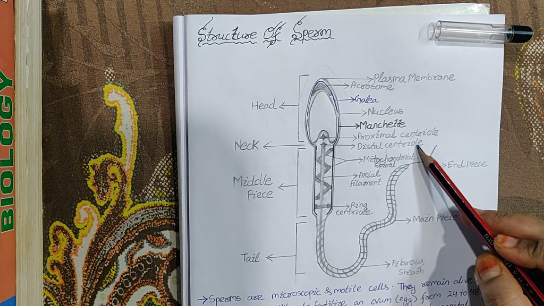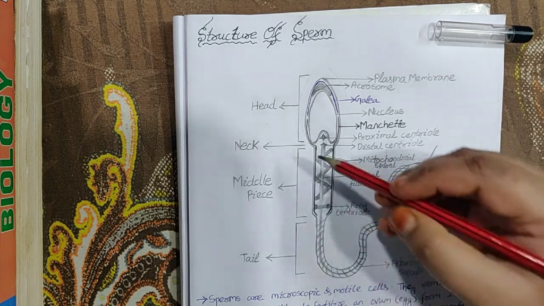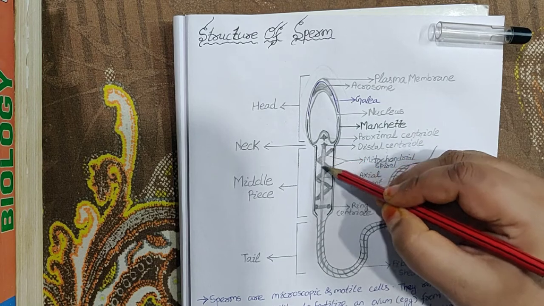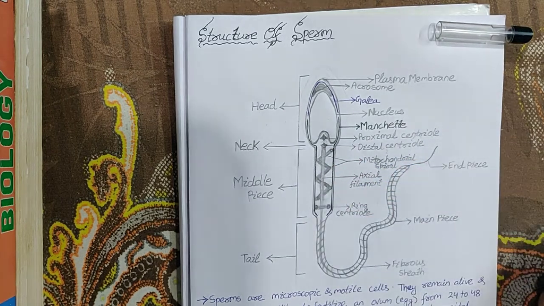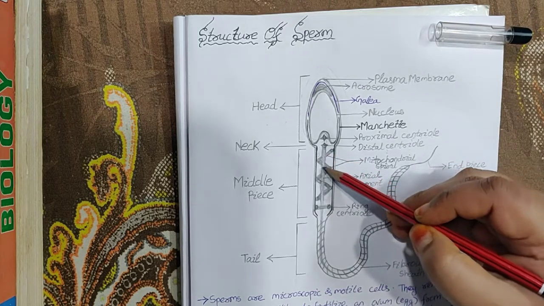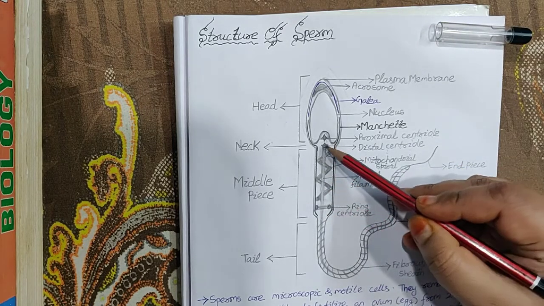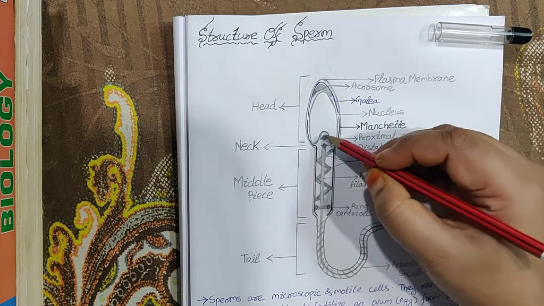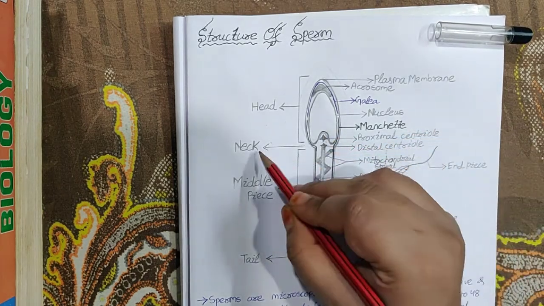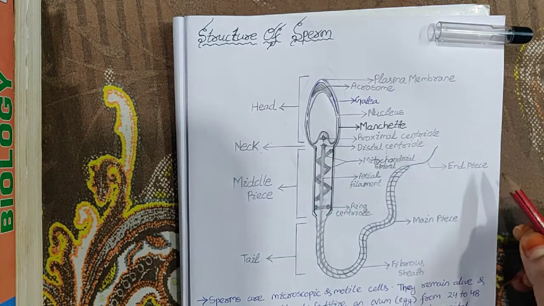It gives rise to the axial filament. From the distal centriole this filament like structure arises, called the axial filament. These 2 centrioles form the neck of the sperm.